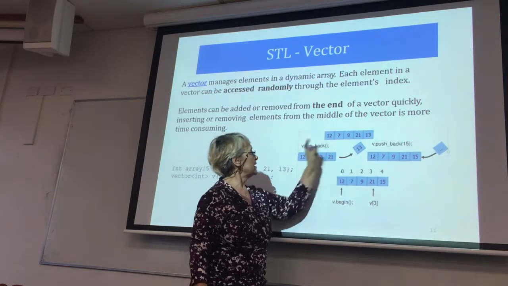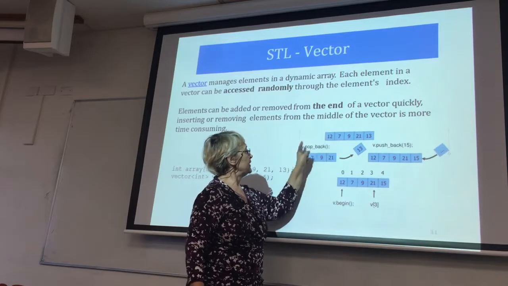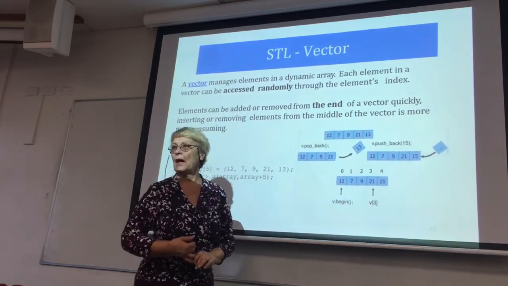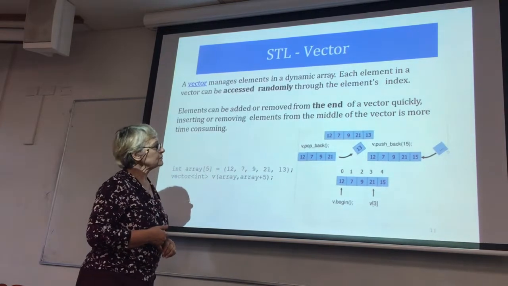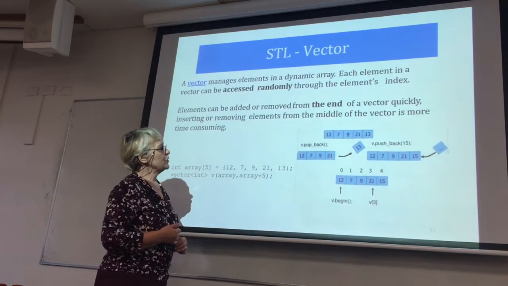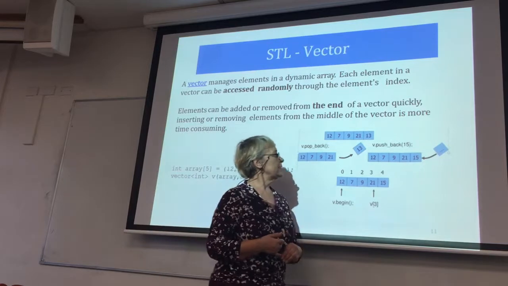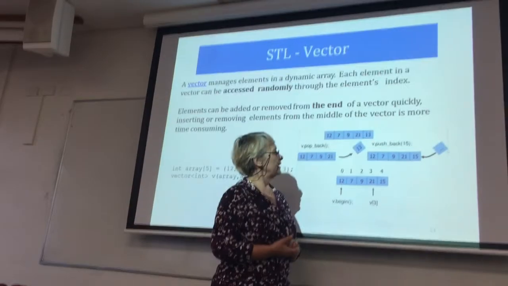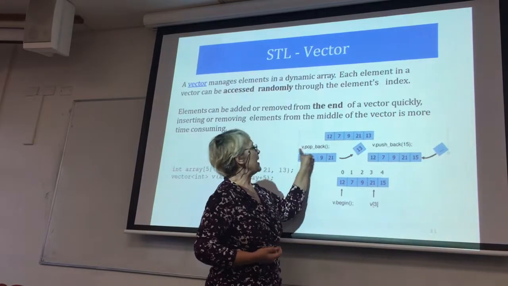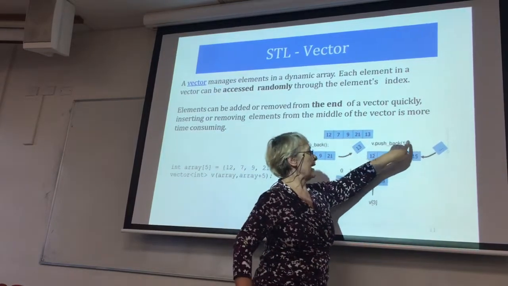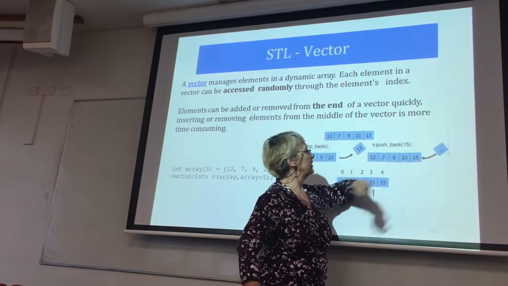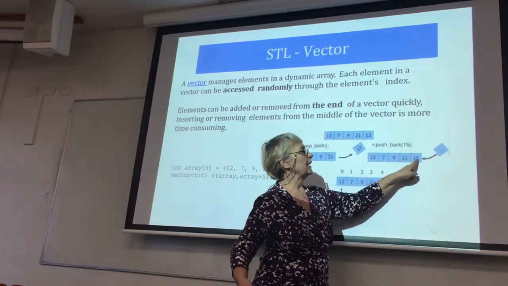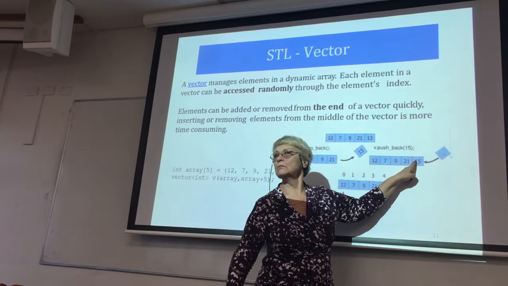So as you can see, if this is V, pop back doesn't take any argument and removes 13, which is returned by the method. V push back adds this argument to the vector at the end.